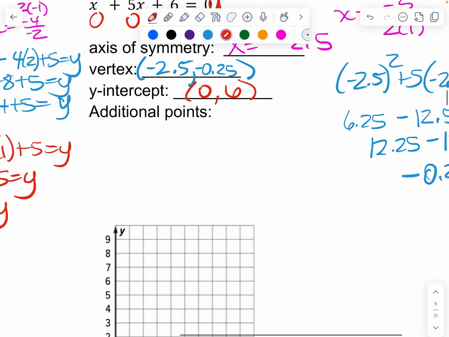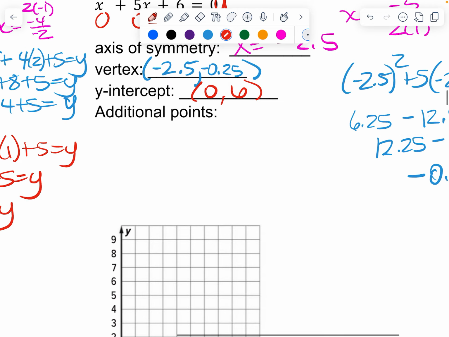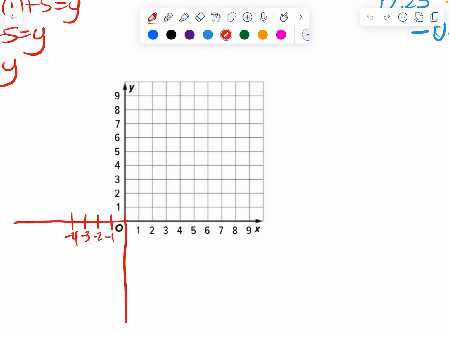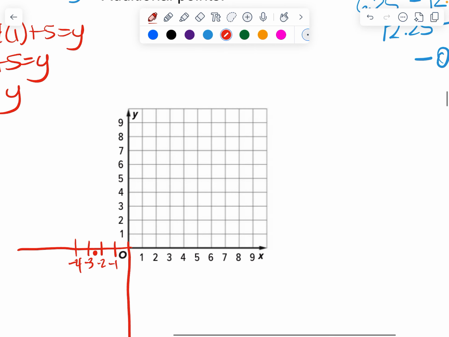So negative 2.5, and here. Oh, nope, it's below the line. Okay, and then 0, 6.